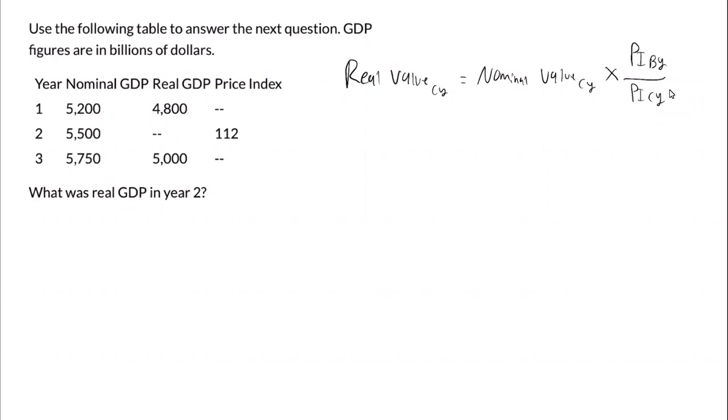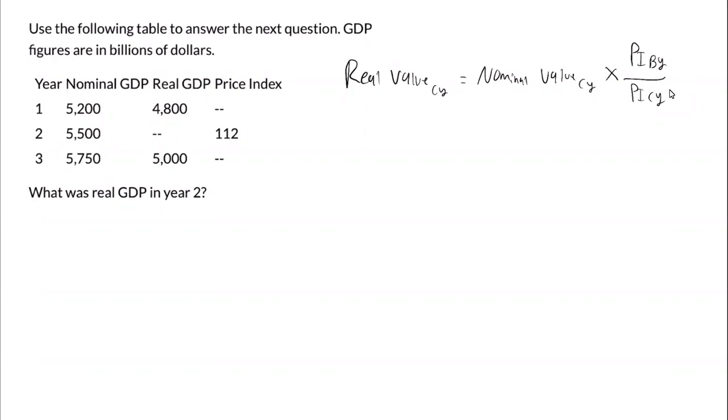What we can do here is use this formula: the real value of the current year equals the nominal value of our current year times the price index in our base year divided by the price index in the current year. What do all these mean? The price index in our base year just represents the price index in the year that we're comparing our values to.